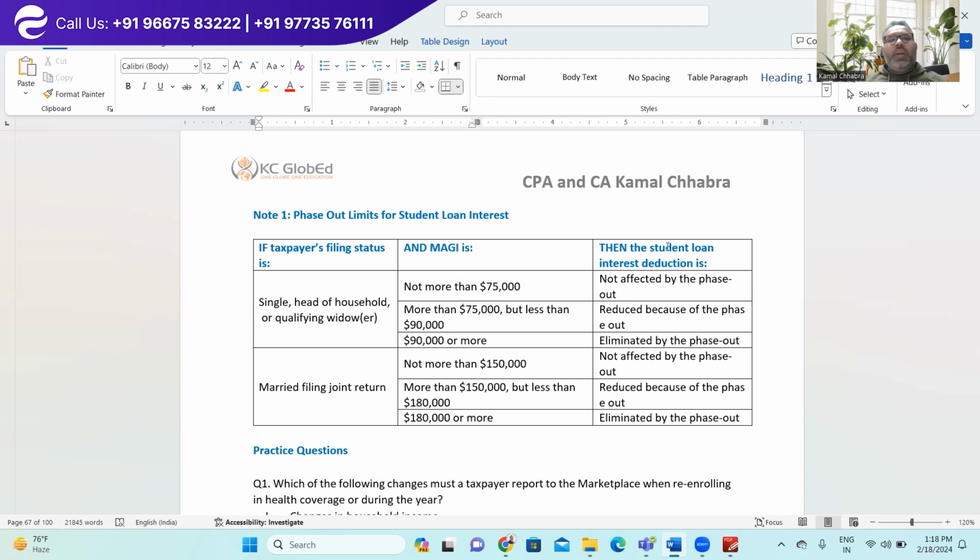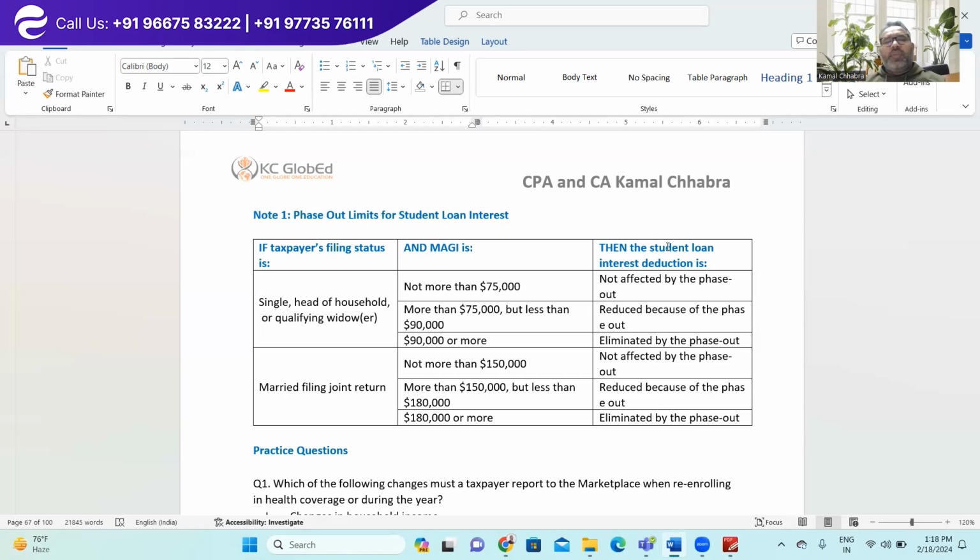So here, the student loan interest which we were discussing, $2,500, right? What they're saying is, if the taxpayer filing status is single, head of household or qualifying widow, and adjusted gross income is not more than $75,000, then there is no effect of the phase out.